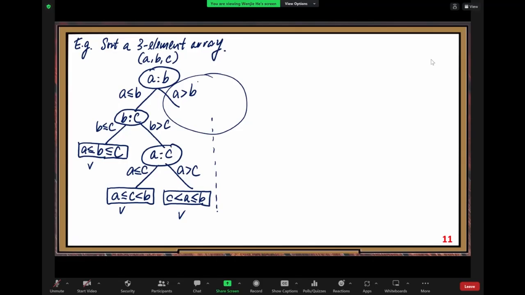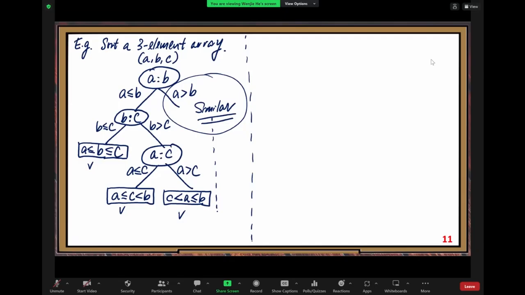I do not draw it, similar structure, to save some space, because I need quite some space to discuss our next step, deriving the lower bound.